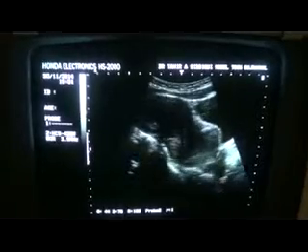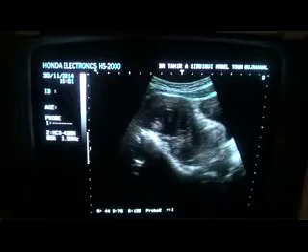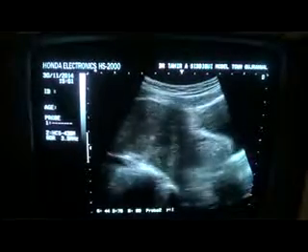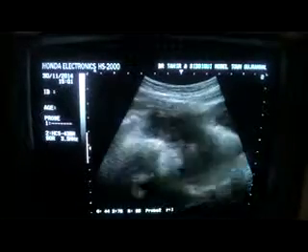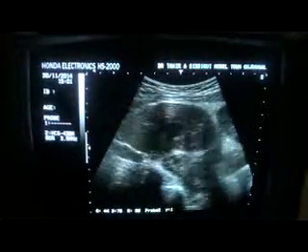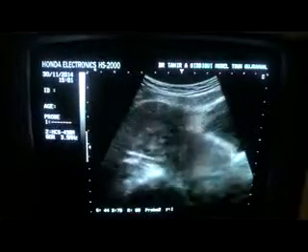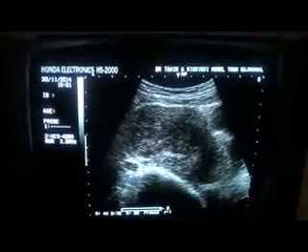In the upper segment, you will see another bulging from the fundus of the uterus. Let me show you the uterus first. Now this is another solid focal region.